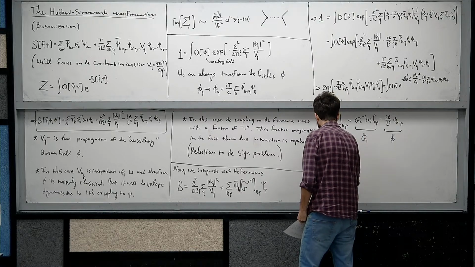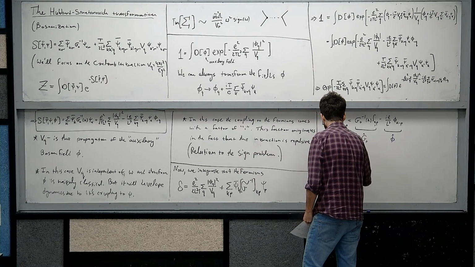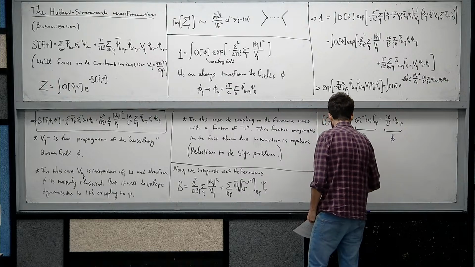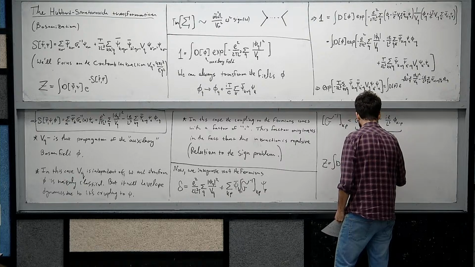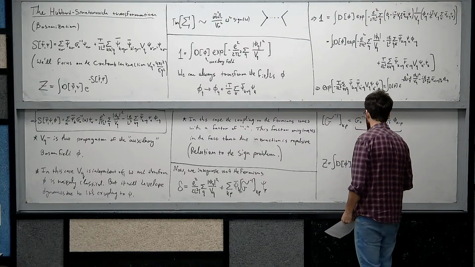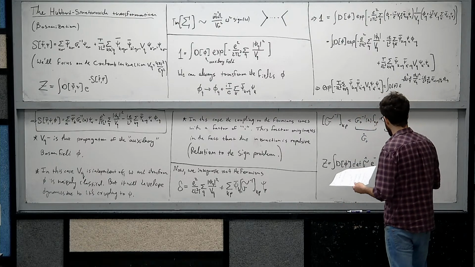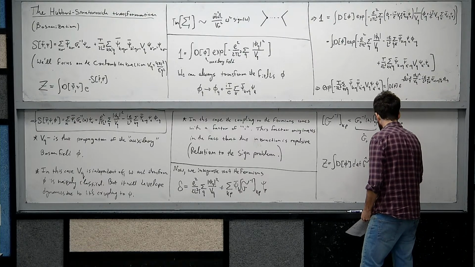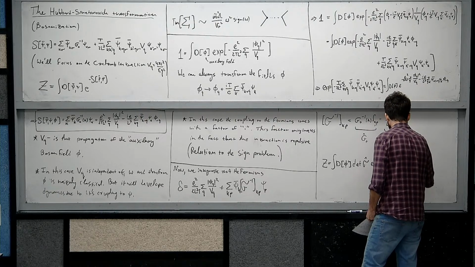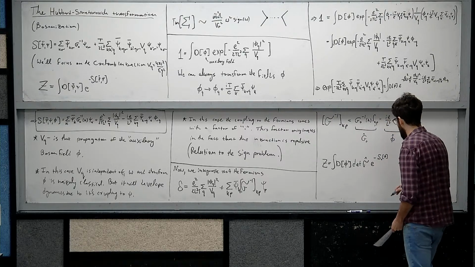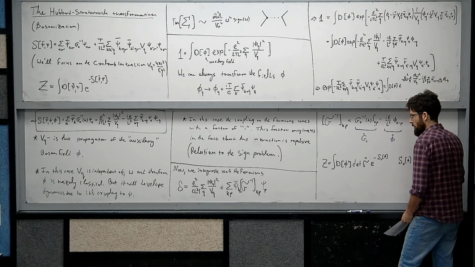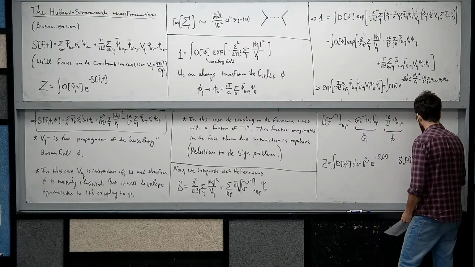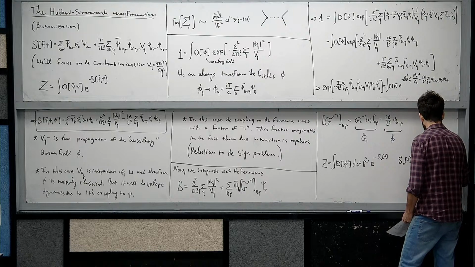I claim that Z is equal to an integral over phi times the determinant of this G, times e to the minus, and let's denote it as S0 of phi, because I don't want to write it many times, which is just this: e squared over 2L cubed T, sum over q of phi of q squared over v cubed.